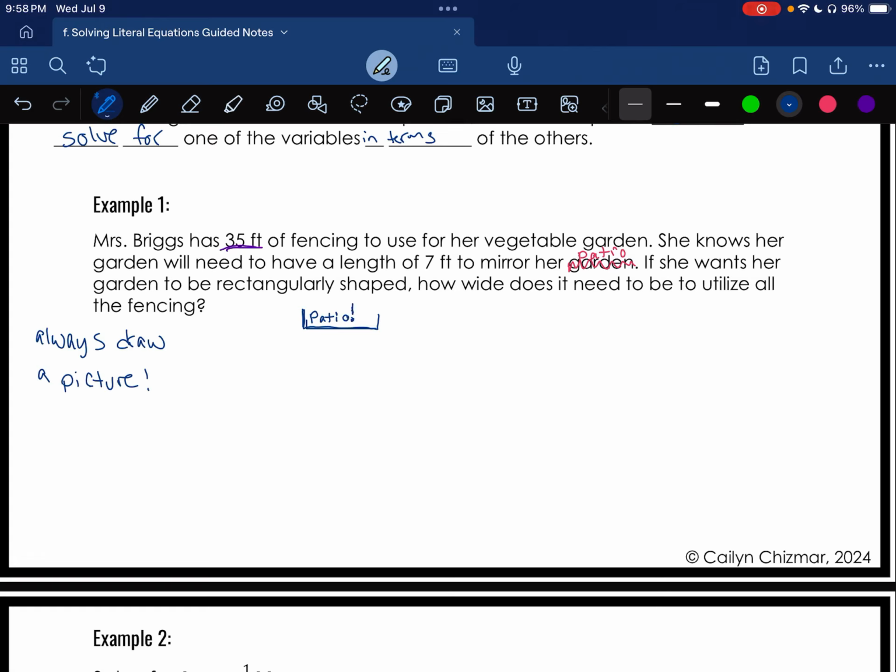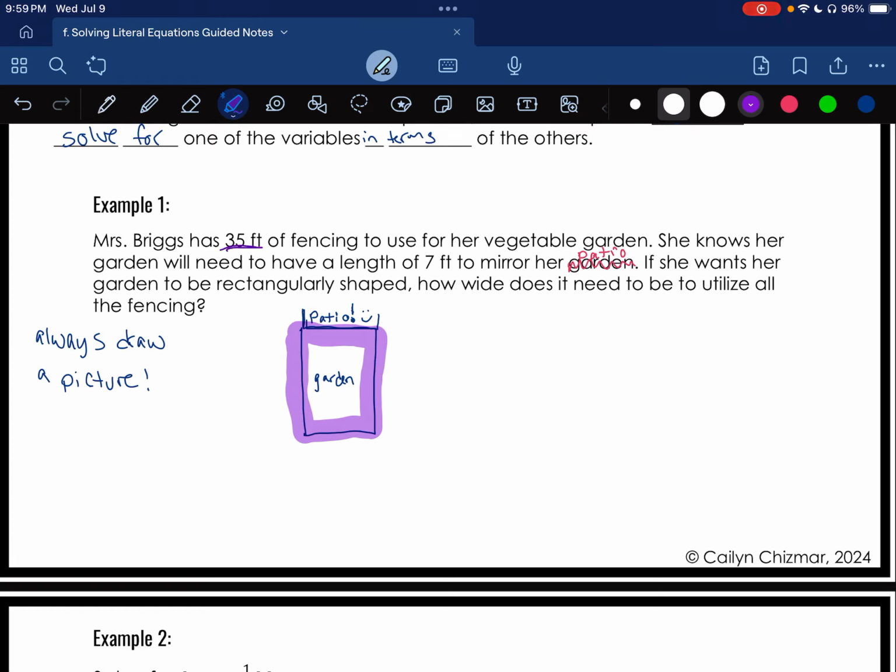Now her garden is going to come out this way. The fencing is going to go around her garden.